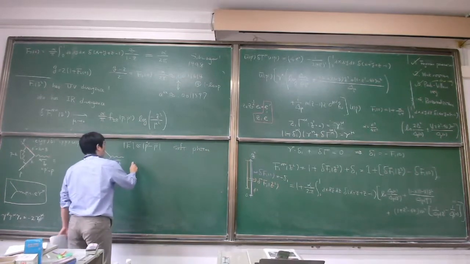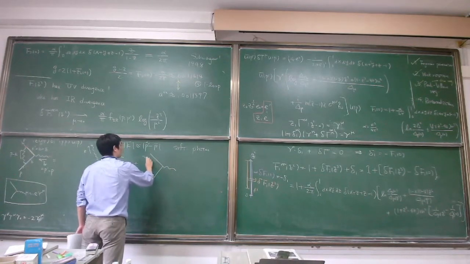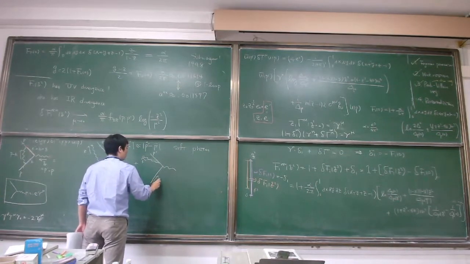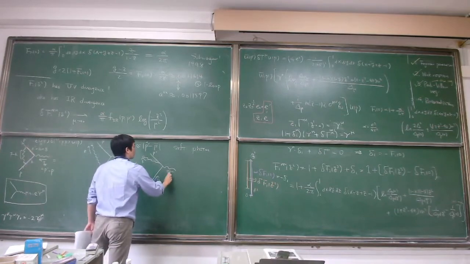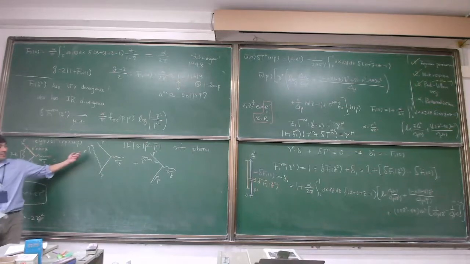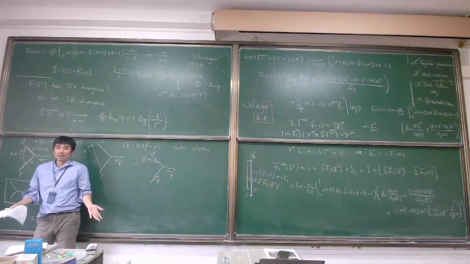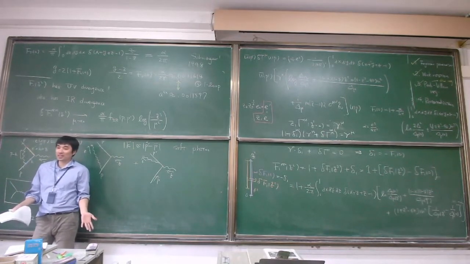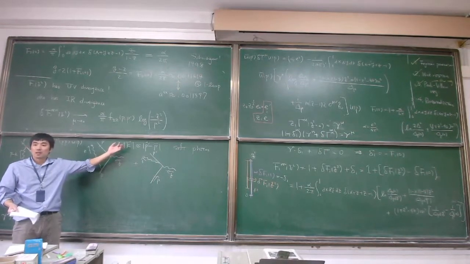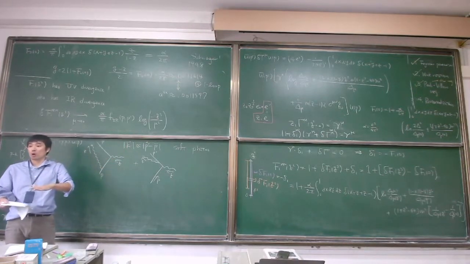You can emit this kind of photon. And in fact, when the momentum K is very small, the experimental device cannot detect the soft photon if the energy is too low.